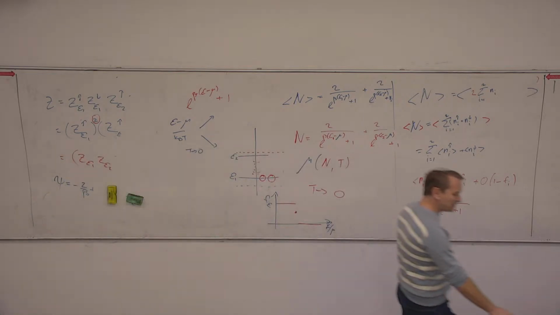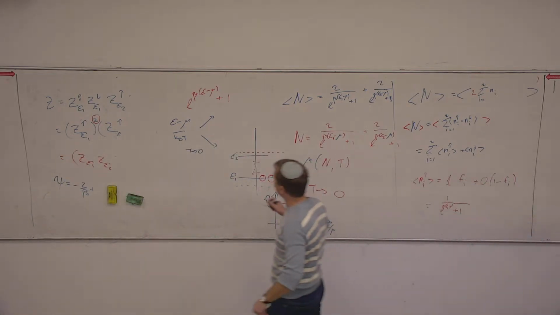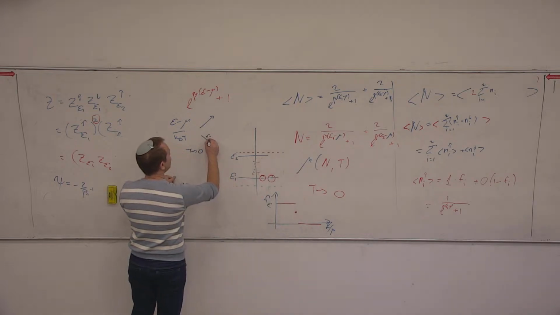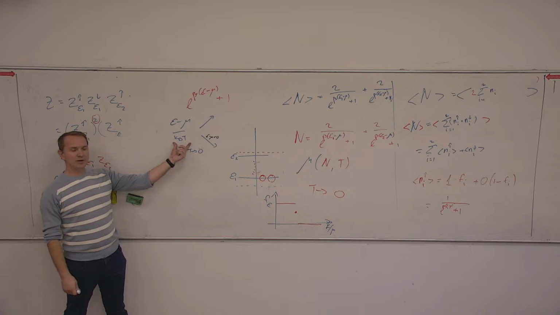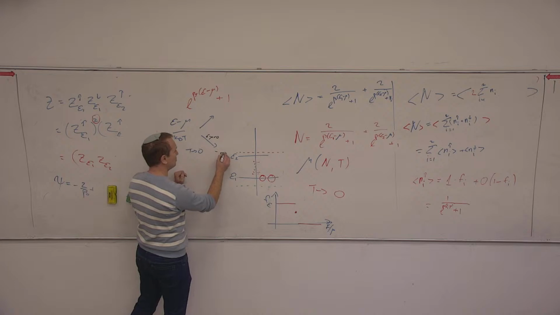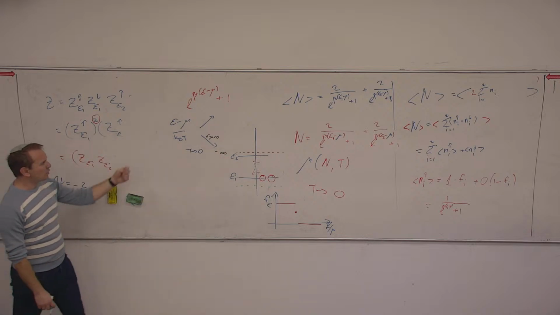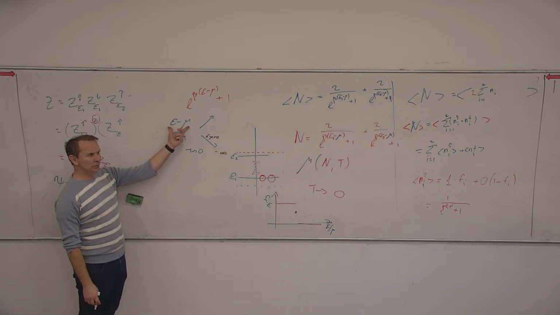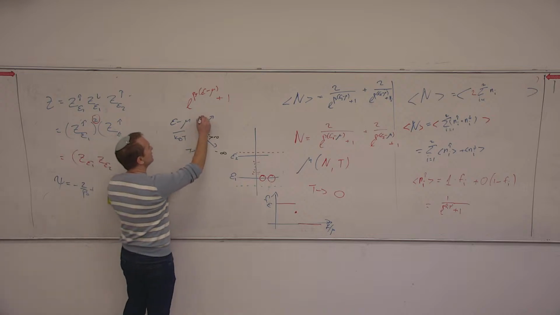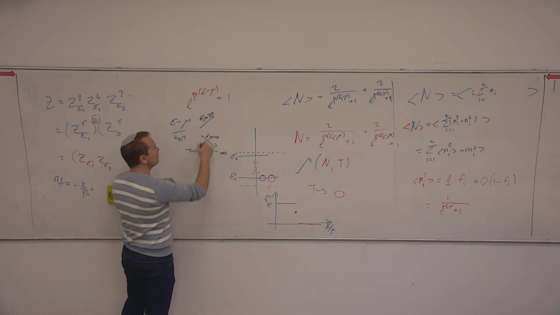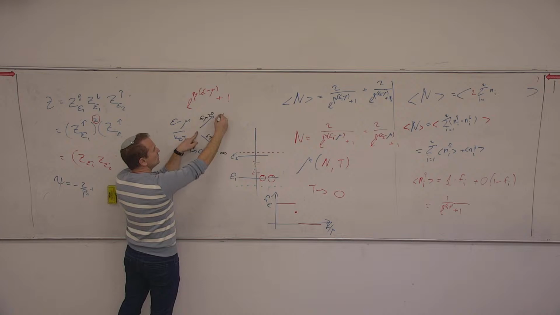When epsilon minus mu is smaller than 0, this goes to minus infinity. When epsilon minus mu is larger than 0, this goes to plus infinity.